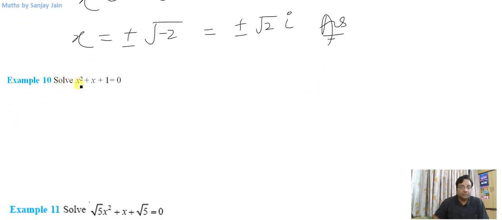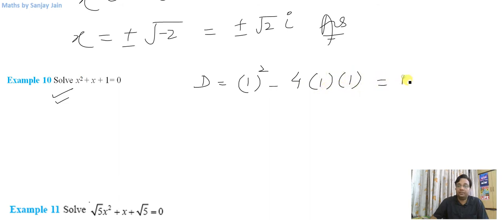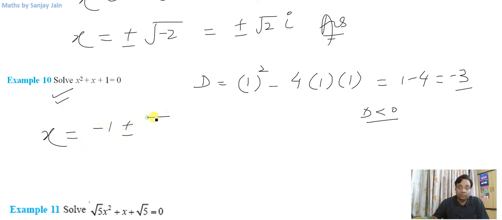Now look at this one. Here if you see, discriminant is b squared, that is 1 squared, minus 4 into a into c. So it is 1 minus 4, that is minus 3. So discriminant is less than 0. Hence the roots will be non-real roots. And what will be the roots? x equal to minus b, that is minus 1, plus minus square root of discriminant, that is minus 3, divided by 2 into a, that is the coefficient of x squared, which is 1.